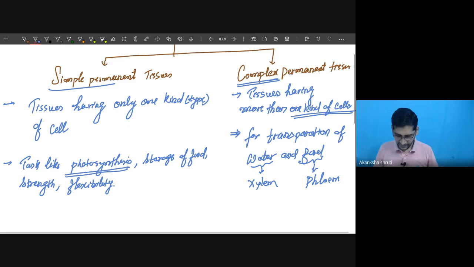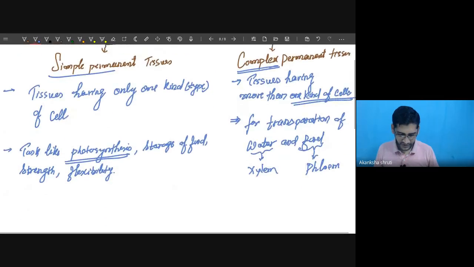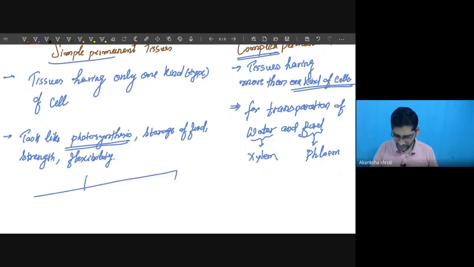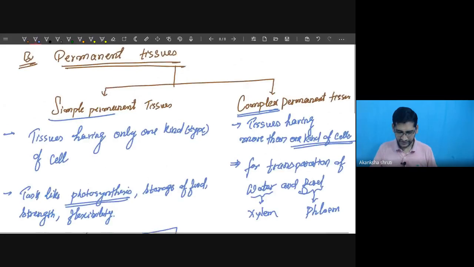There are various types, and we are going to learn what they are. The simple permanent tissues may be parenchyma, collenchyma, or sclerenchyma. Parenchyma is again of two kinds that we will discuss: aerenchyma and chlorenchyma.